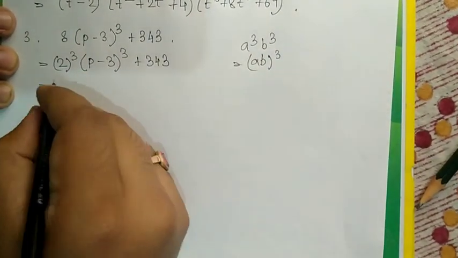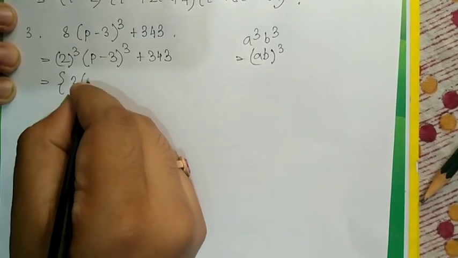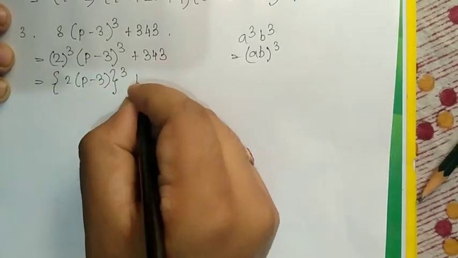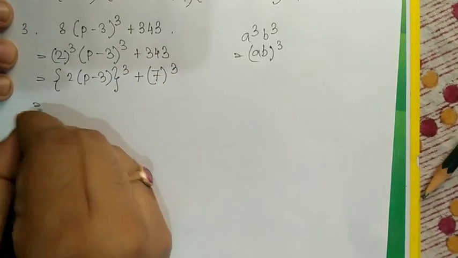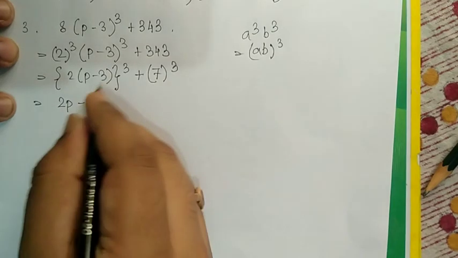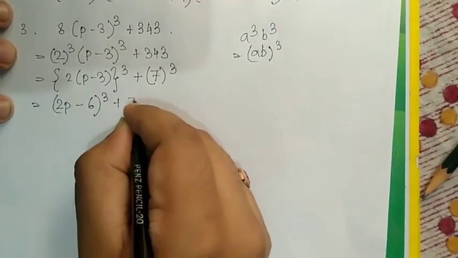So therefore this should be 2 into p minus 3 whole cube plus 343, which means 7 whole cube. Multiplied, it should be 2p minus 2 into minus 3, 6, so 2p minus 6 whole cube plus 7 whole cube.